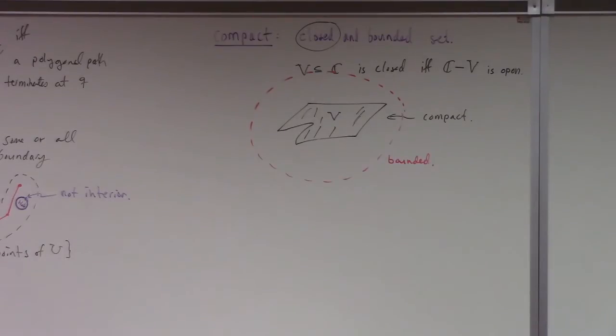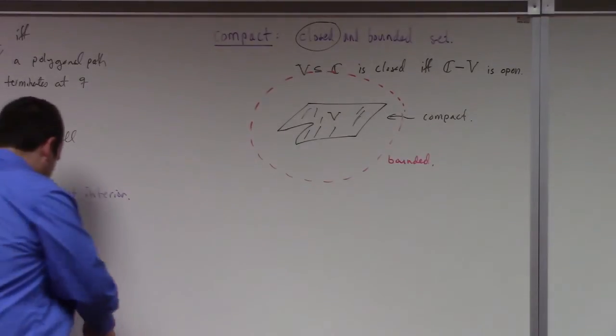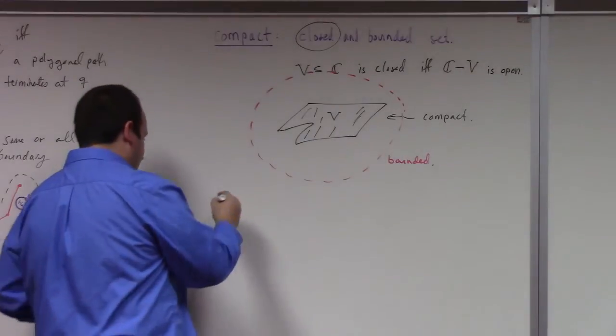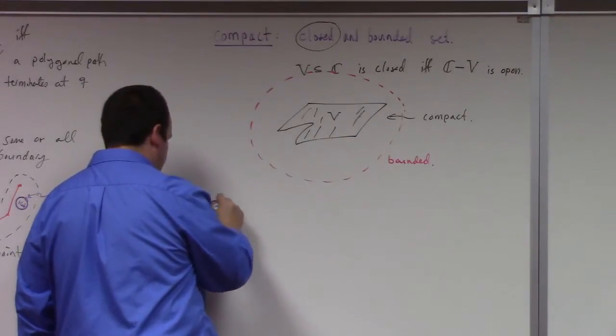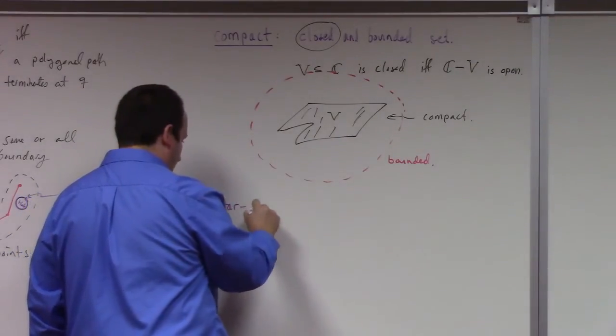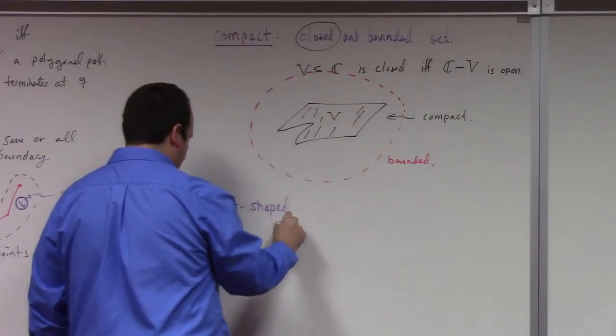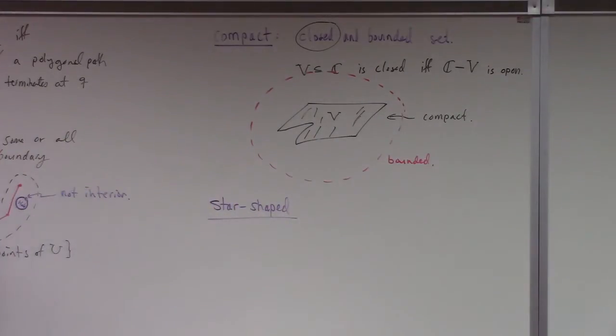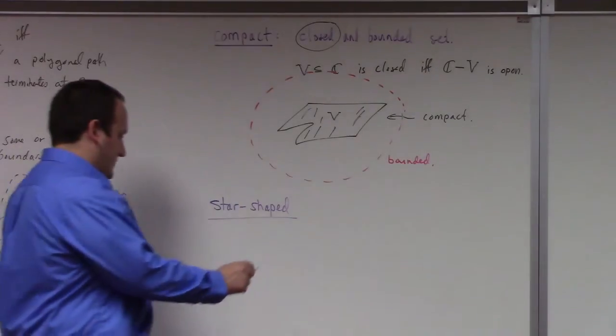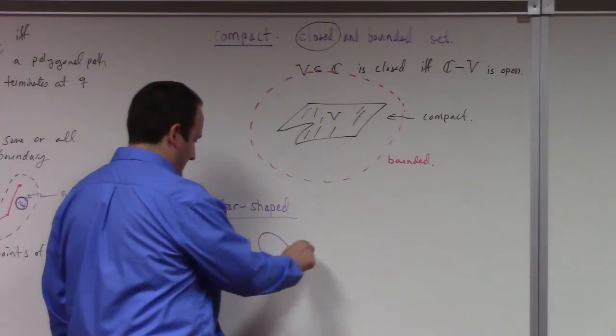All right. One last term in our short tour of topology in the plane is star-shaped. Now, star-shaped is a lazy man's simply connected. So something that's simply connected would be something like this.